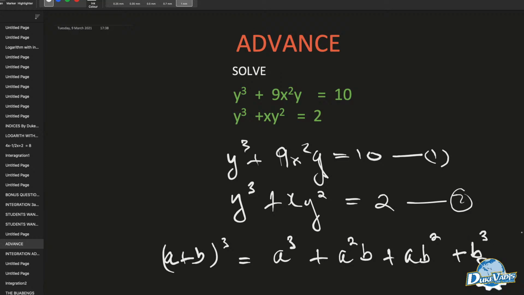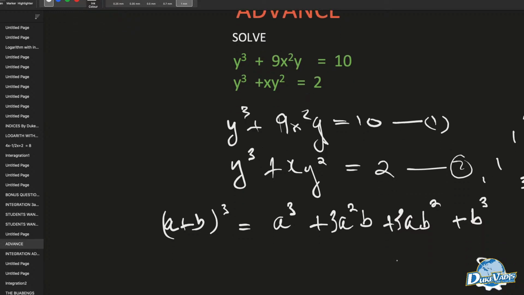When we look at the binomial expansion, we always have the coefficients 1, 3, 3, 1. So when we substitute, here will be 3, and the next one will be 3. That is what I think will help us to be able to substitute this.